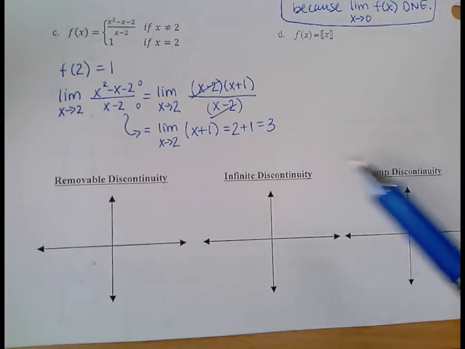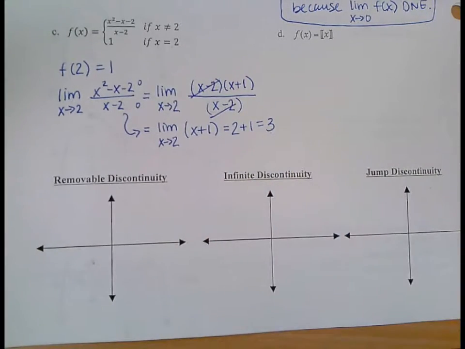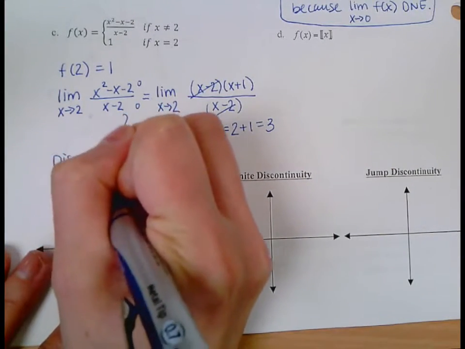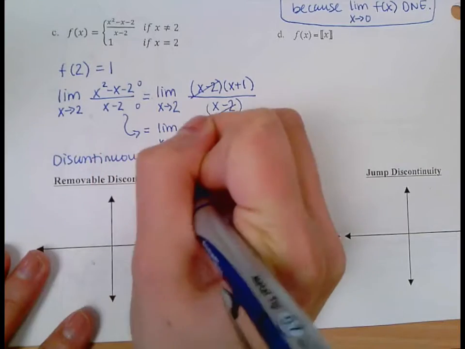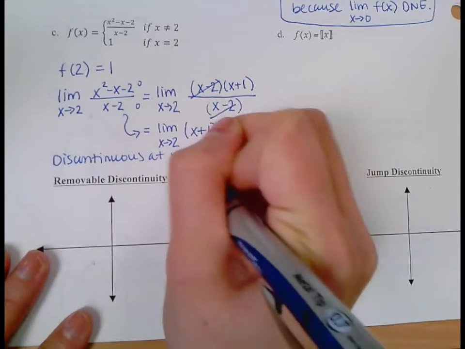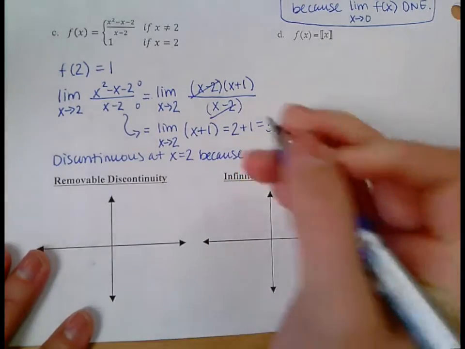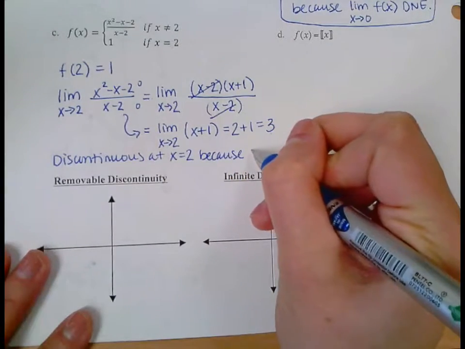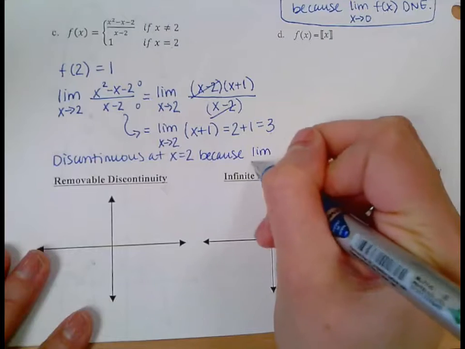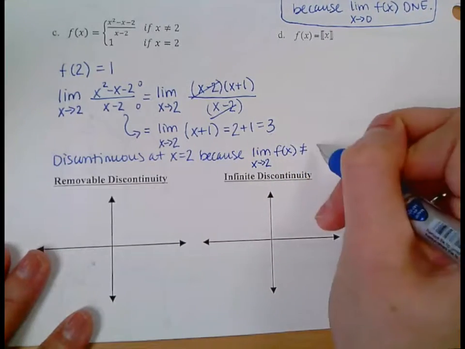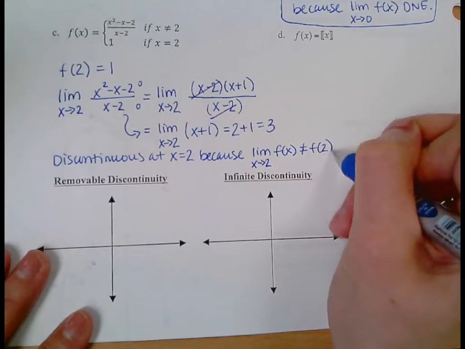Or it's not continuous at 2 because the function value and limit are different. So this reasoning would be: discontinuous at x equals 2 because the limit as x approaches 2 of f of x does not equal f of 2.